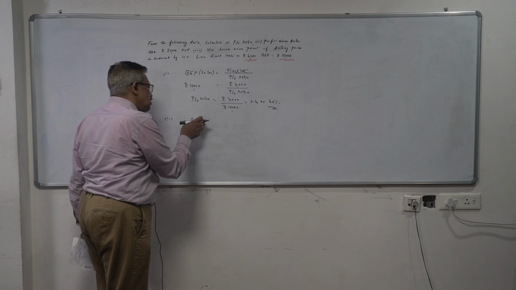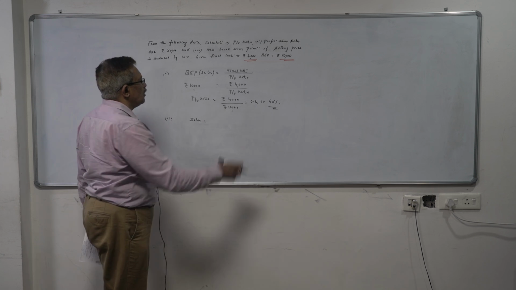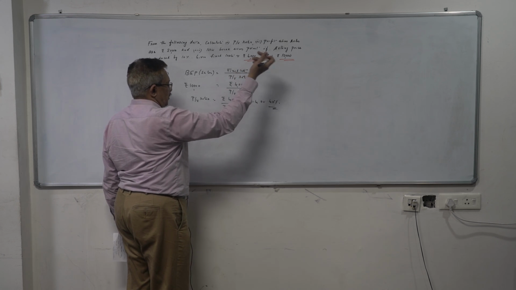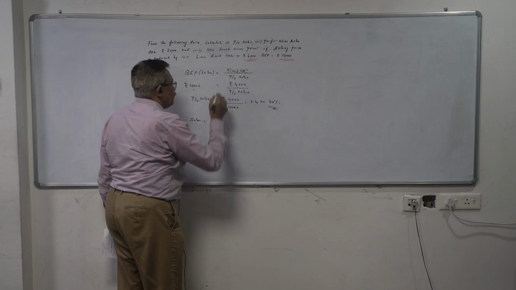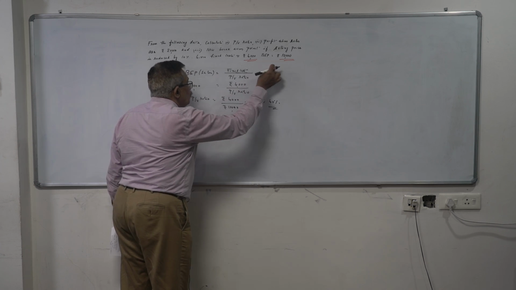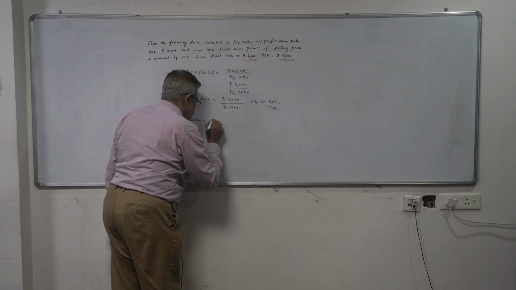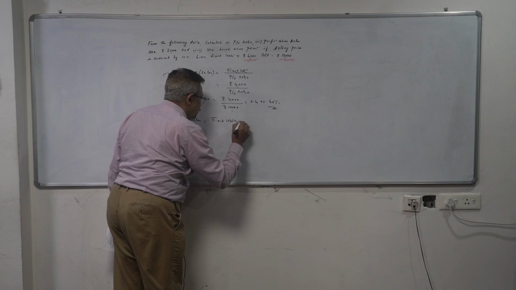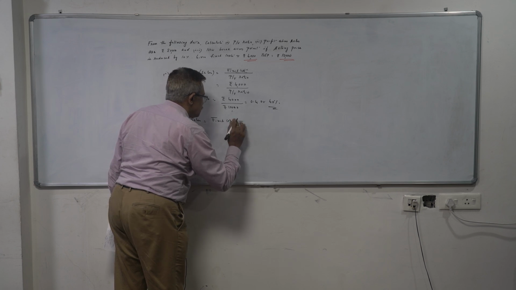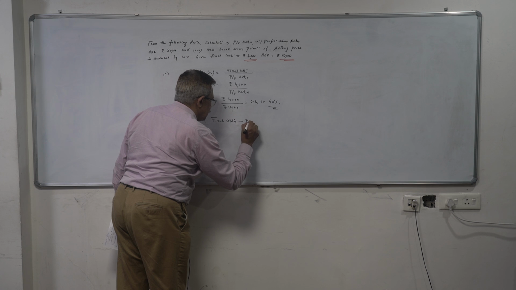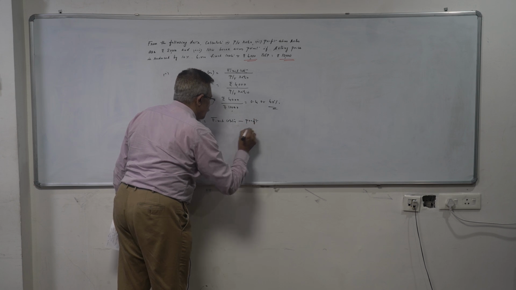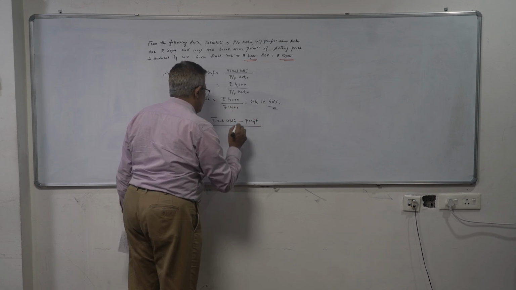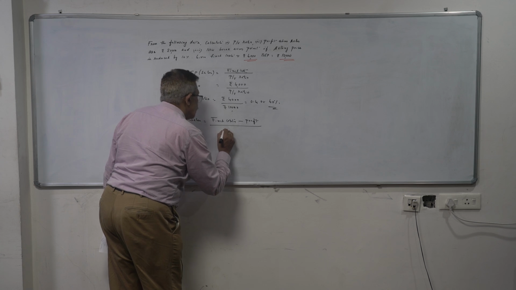So he has given information with regard to sales, so we wanted to find out the profit. So I am going to add the profit component here. So sales are equivalent to fixed costs plus profit divided by the PV ratio.